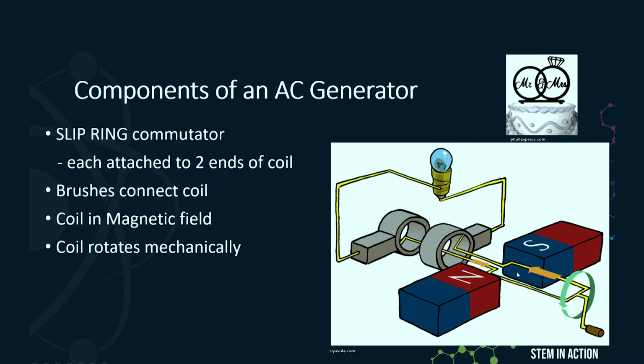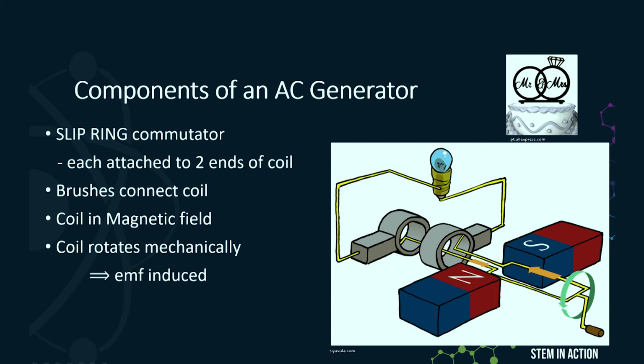This coil is in a magnetic field, so we've got 2 permanent magnets there, and we rotate it mechanically. There's someone who's going to take the handle and rotate that armature or coil mechanically. That is how we get the mechanical energy, creating a change in magnetic flux linkage between the conductor and the magnetic field, and this generates an EMF.